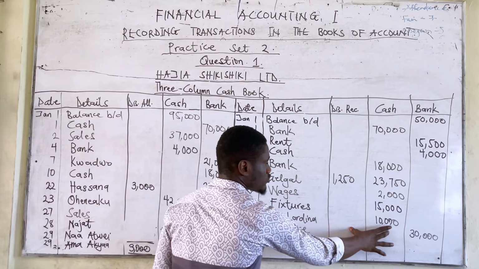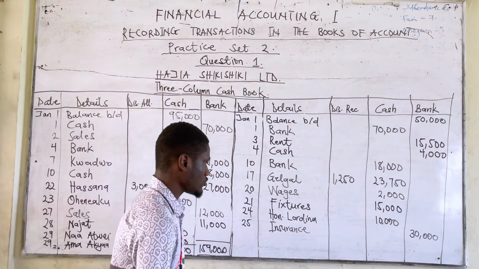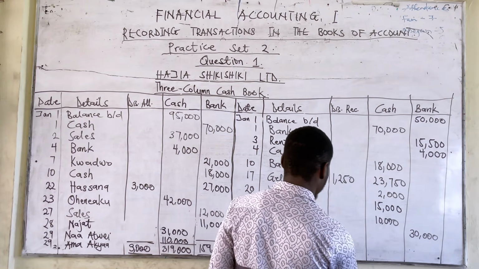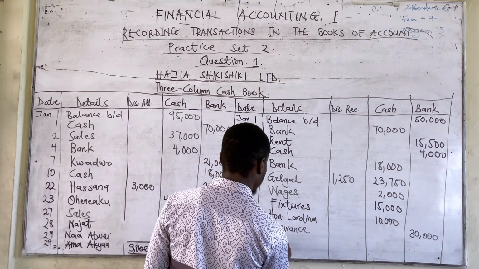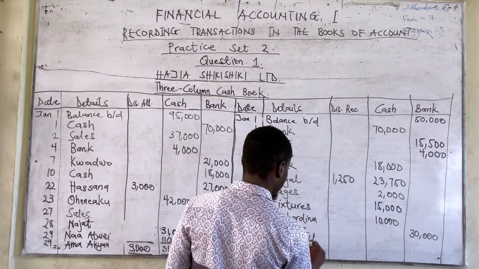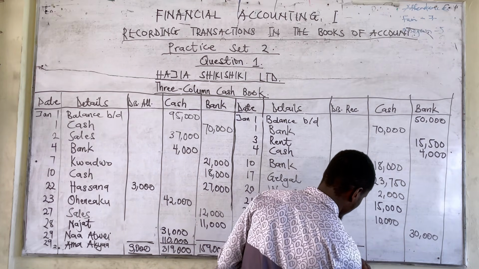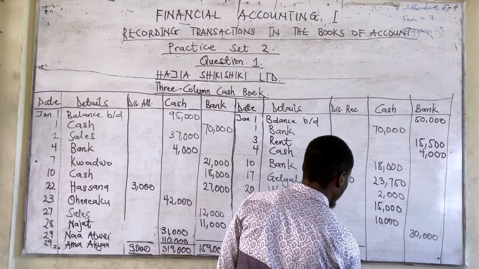Okay, so the difference will be here at the balance sheet. You get it. So here too, I know that the balance CD will be here because the debit side is greater than the credit side. So when we know that here is 1,250.